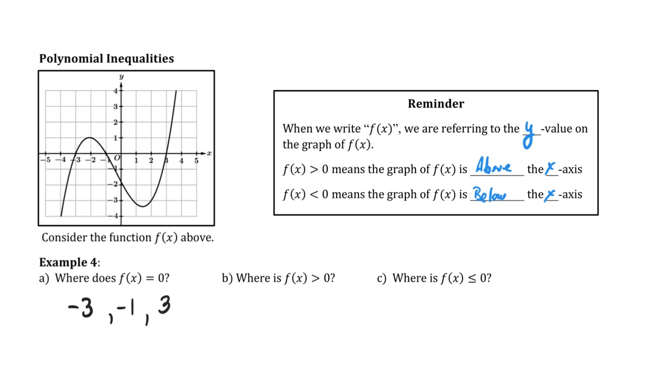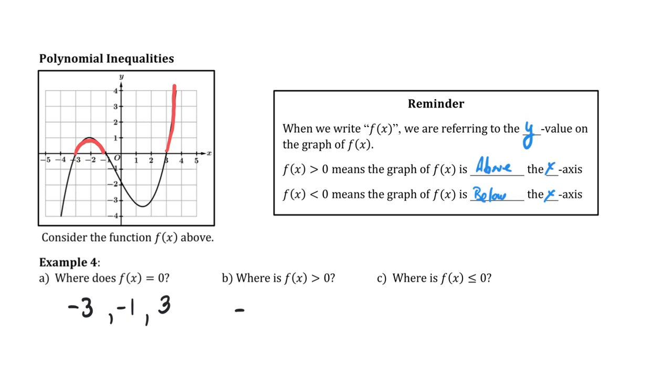Okay? B is asking, where is that function positive? Meaning greater than 0, by the way. Well, positive is above the x-axis. And I got a couple of areas that are above the x-axis. I got this guy here and this guy here. So I got 2 sections. And we want to give that in interval notation.